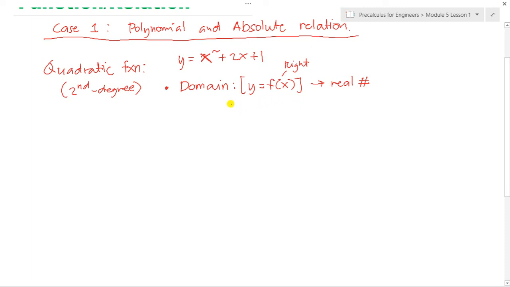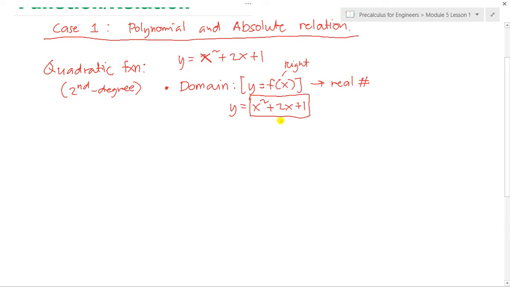Since our function here is already expressed as y is equal to f of x, which is x squared plus 2x plus 1, then there is no problem. Let's look at the right side of our equation.